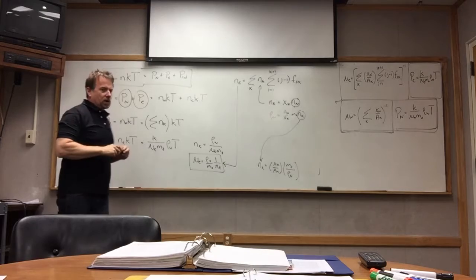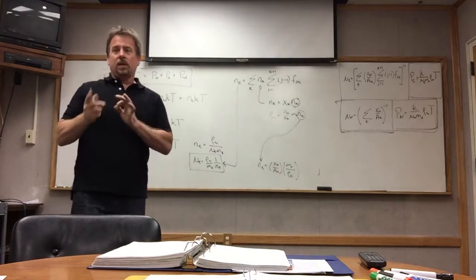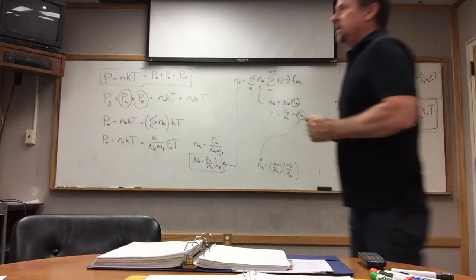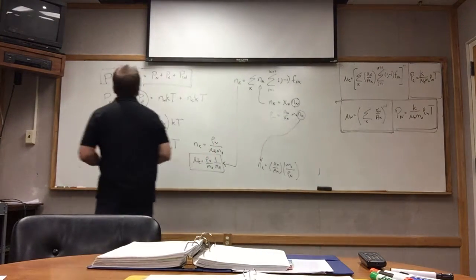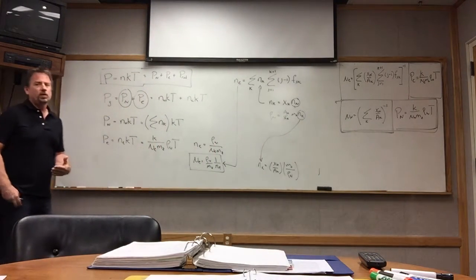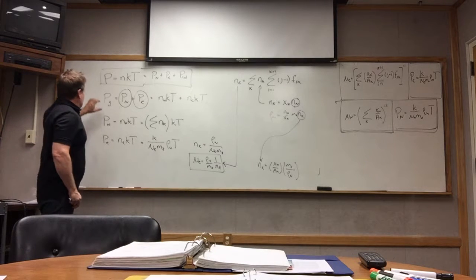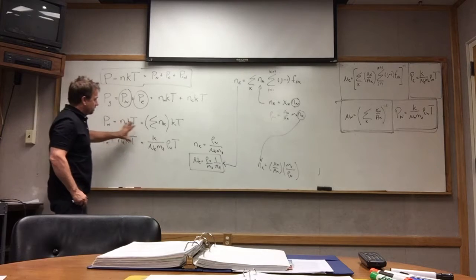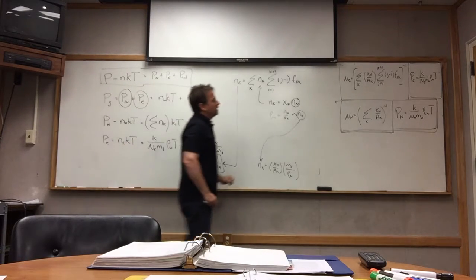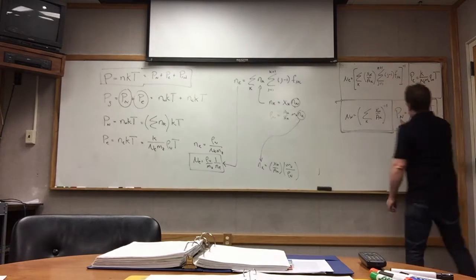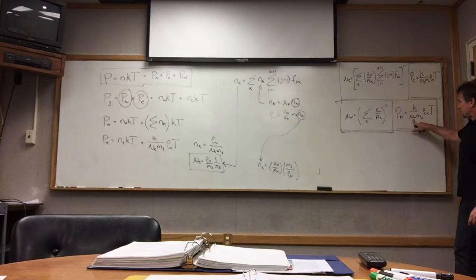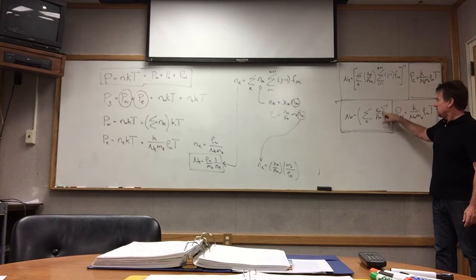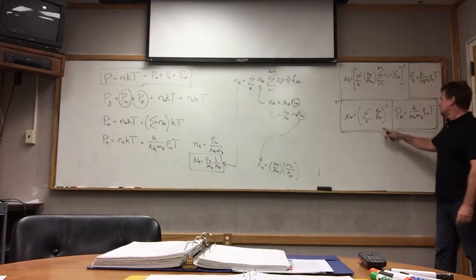So it's a lot of algebra, but the point is now, forget the algebra. Hopefully it at least gave you an idea where these things come from. That's the important point to walk away with. So that we now can write the pressures in terms of the nuclear density, and we can write the nuclear pressure in terms of the mean molecular weight, which only depends upon the mass fractions.